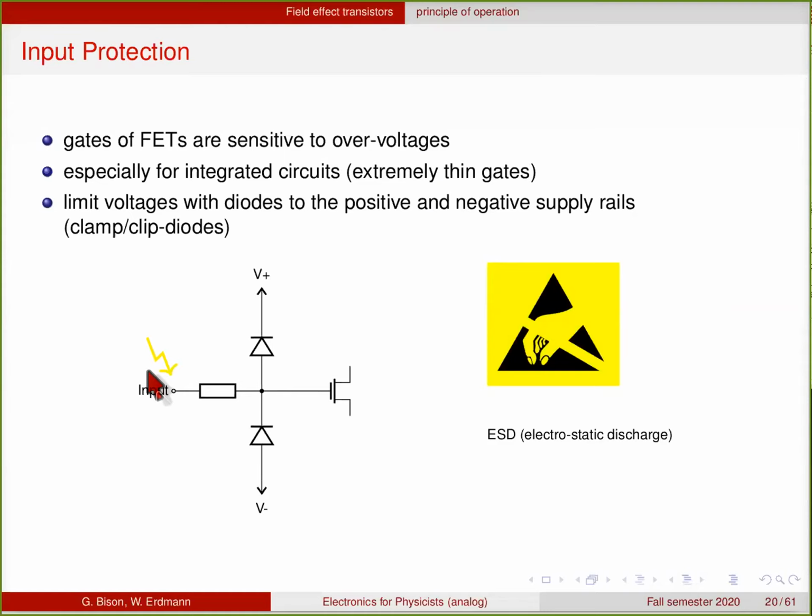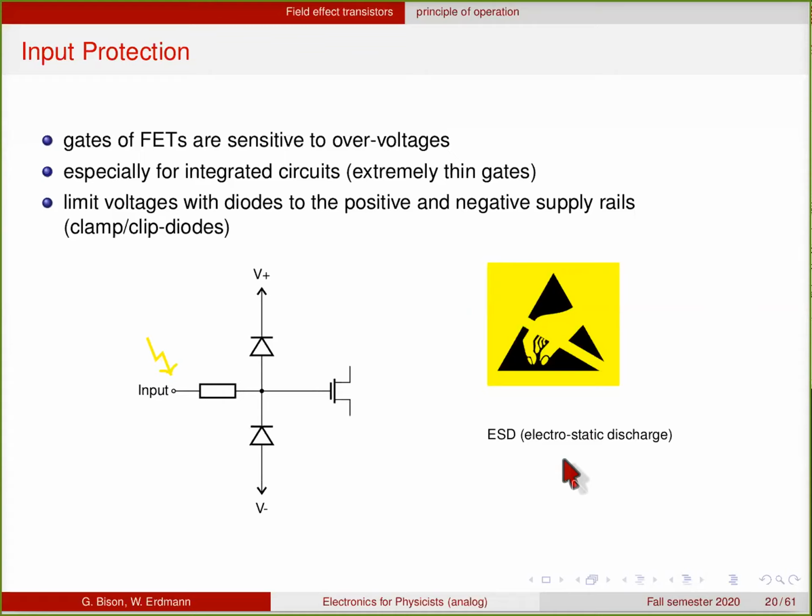So first of all, you need to be careful when you handle these. You need to make sure that you're not charged up yourself when you touch these devices. These electric charges appear when you walk around and your soles move over the floor. Then you can charge yourself up easily, and maybe you know the effect when you touch a door handle in winter.